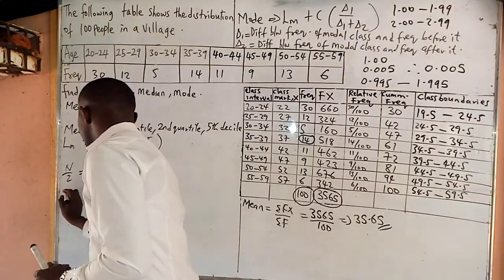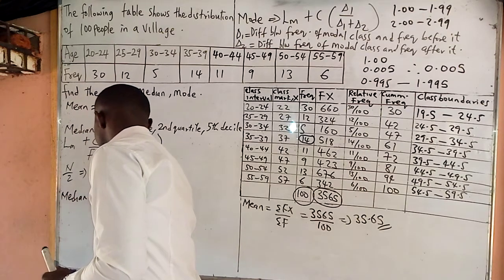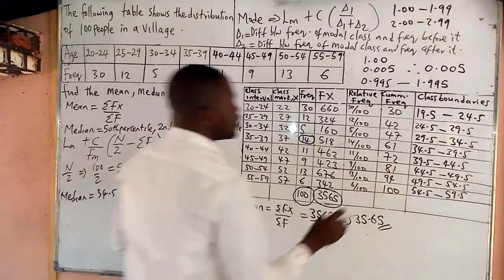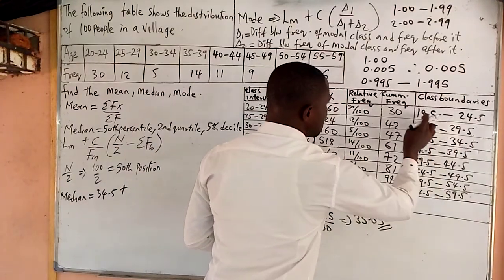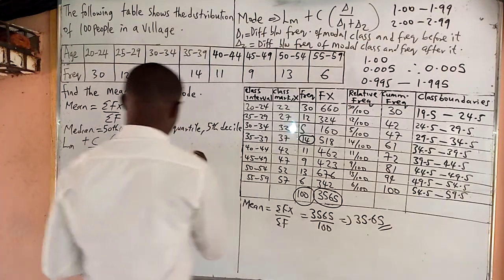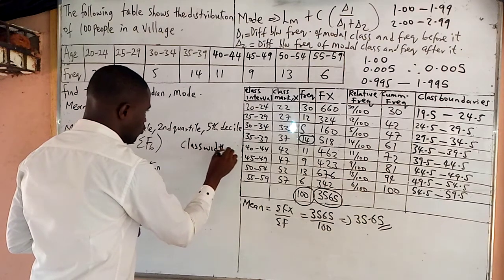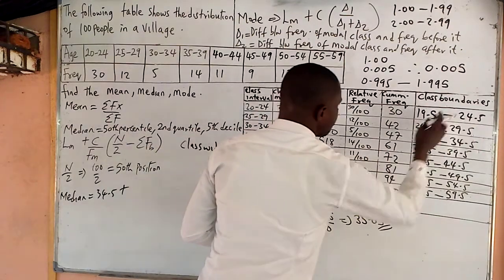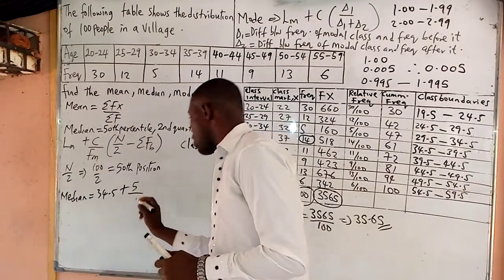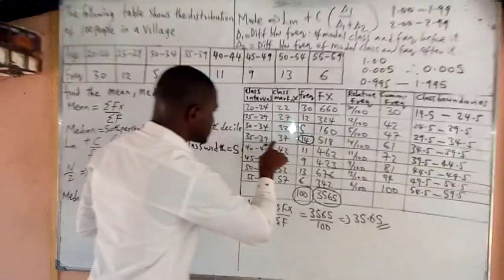You say median equal to 34.5 plus, what is your class width? Your class width means upper class boundary minus lower class boundary. Your class width will be giving you 5, because 24.5 minus 19.5 is 5. So plus 5 all over, what is the frequency of the median class?